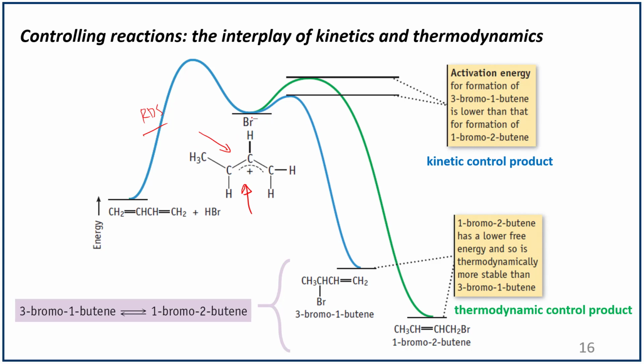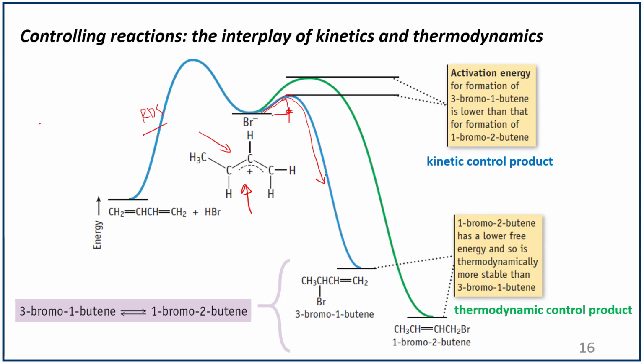But note that this reaction in blue, which is the formation of 3-bromo-1-butene, actually has a lower activation energy, okay? It has a lower activation energy, and as a result, at low temperatures, you have enough molecules which are actually colliding into each other to form 3-bromo-1-butene.